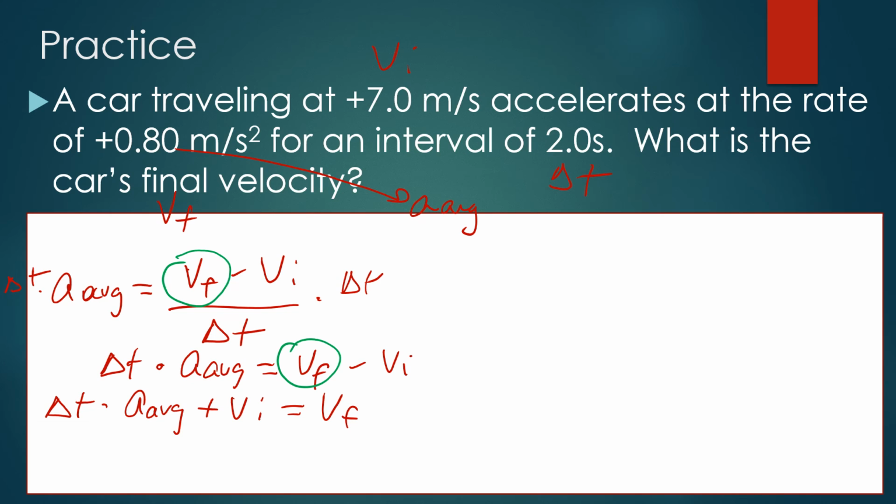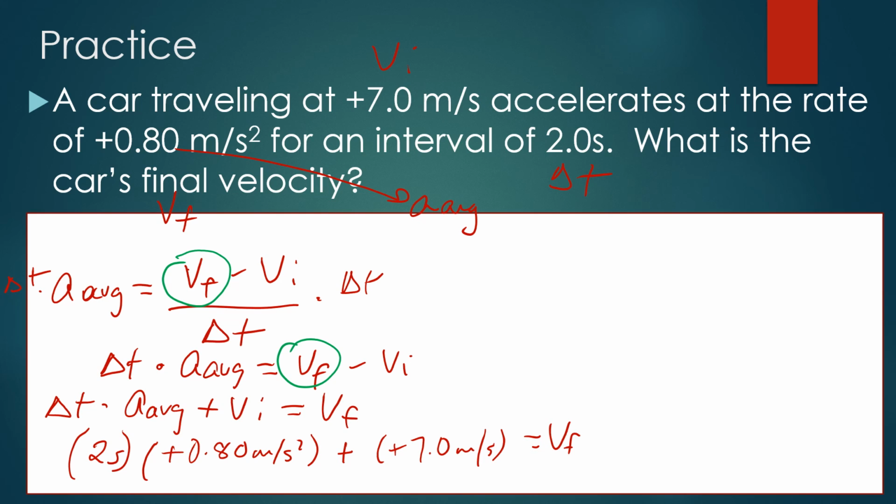Okay, then I plug in my numbers. Or double check, do I need to convert anything? No, I don't. So then 2 seconds times average acceleration, plus my initial velocity, finding my final velocity.